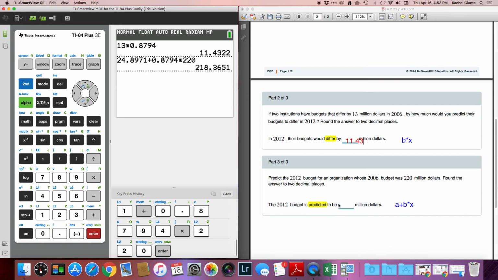Enter, and it is 218, again to 2 decimal places, so 218.37.